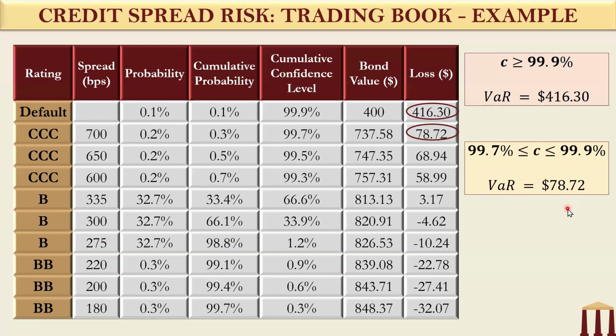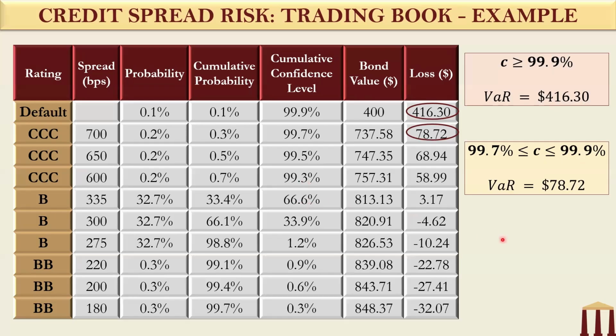Again, you will use the same logic about which I was just discussing from FRM Part 1, the way we visualized it. So 99% is between which two cumulative confidence levels, 66.6 and 99.3. So as soon as you breach 66.6%, you are in that zone.